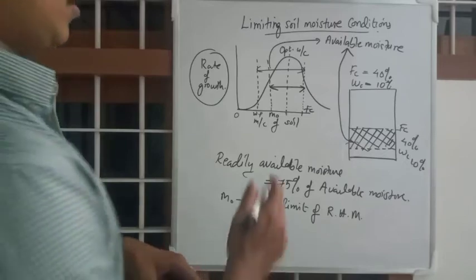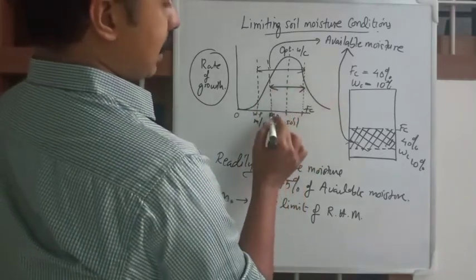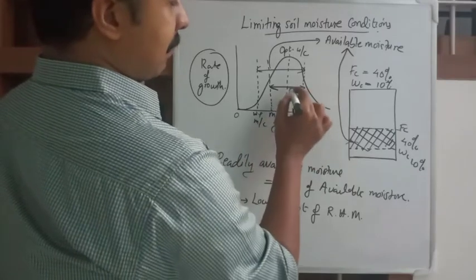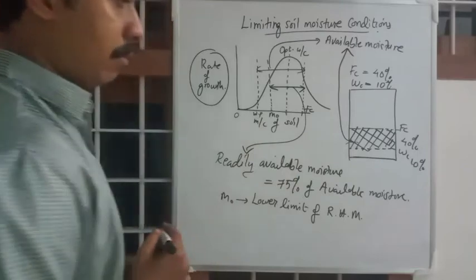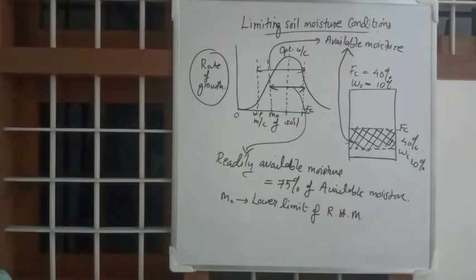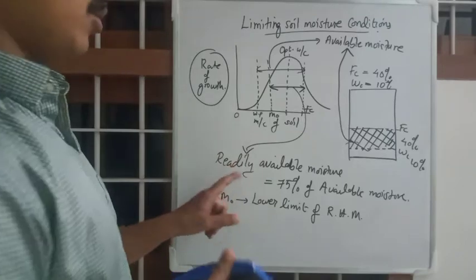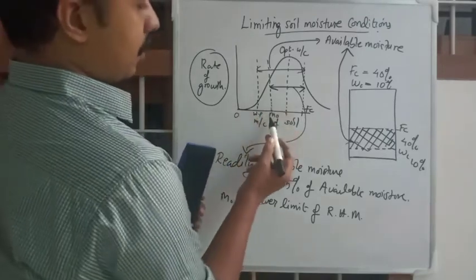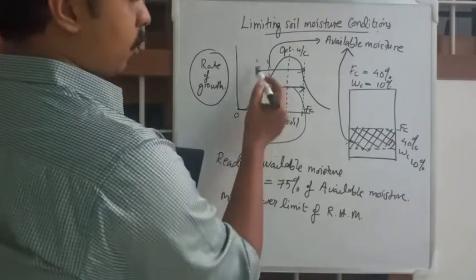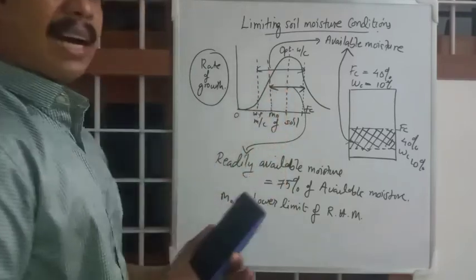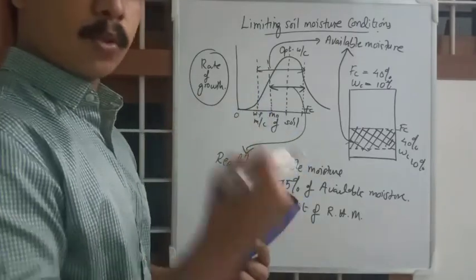So this will be FC, and from M0 to FC will be readily available moisture. The reason for finding readily available moisture is that the portion of water from M0 to the wilting point will be very hard for the roots to pull up.